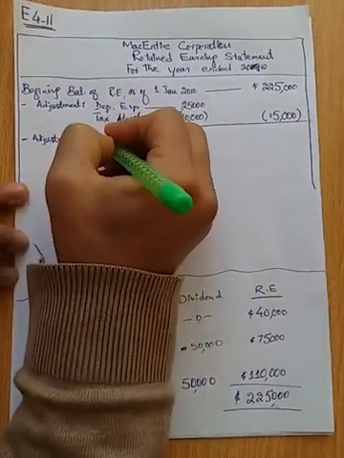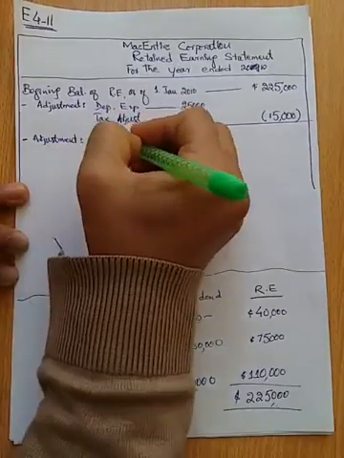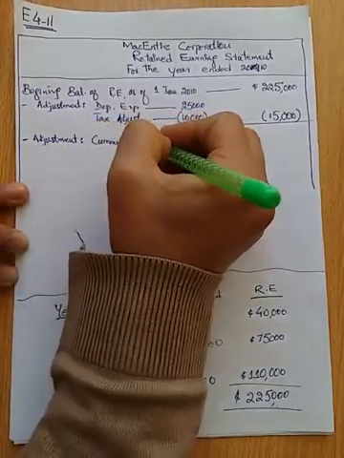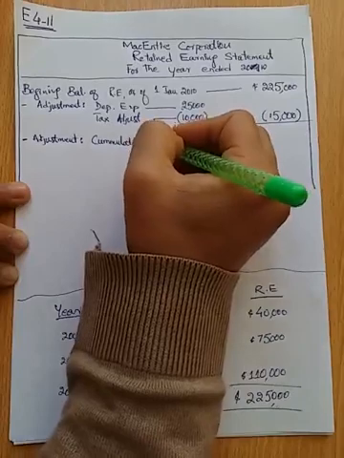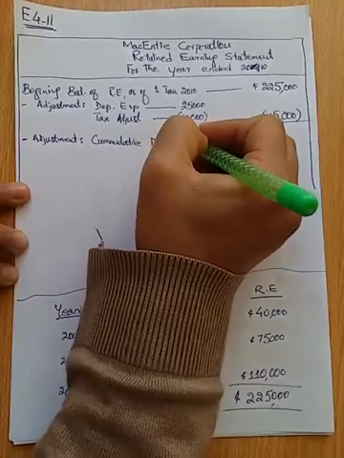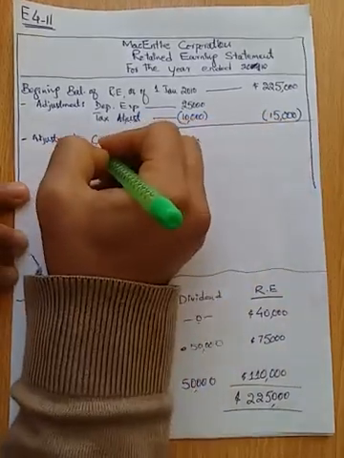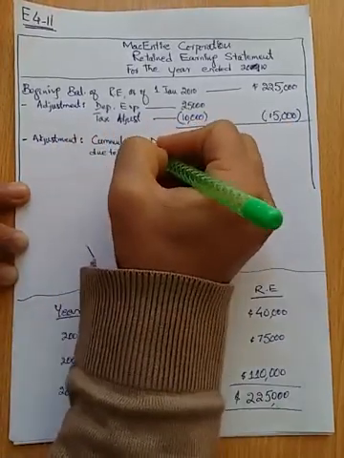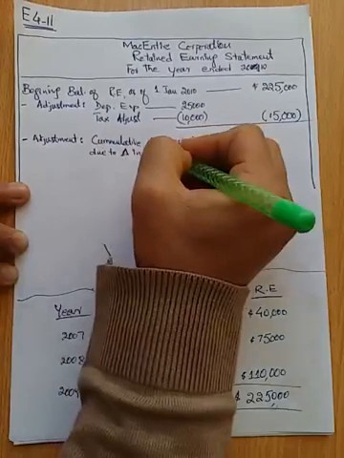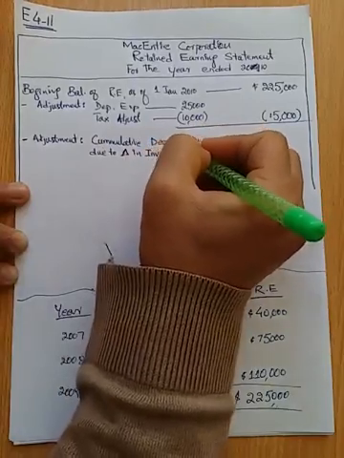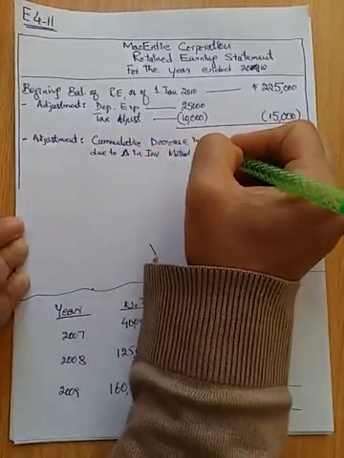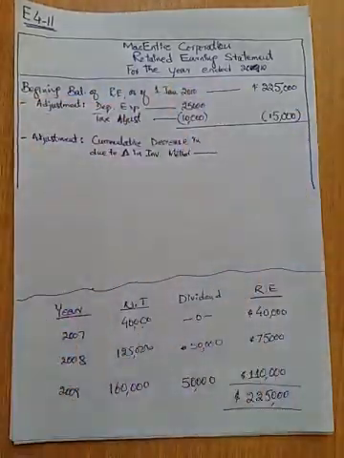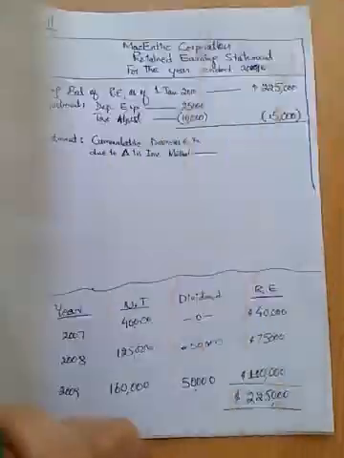Okay, and then I will write here cumulative decrease in income due to change in inventory method. How much is that? The cumulative decrease in income is $45,000.